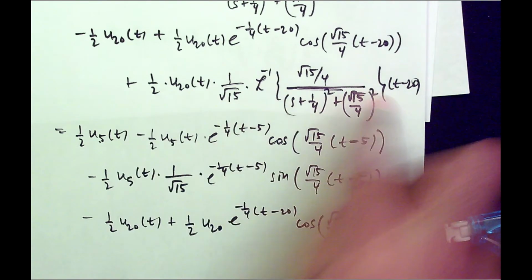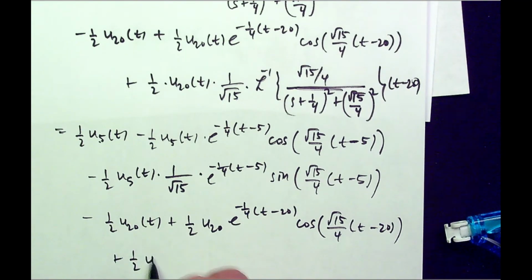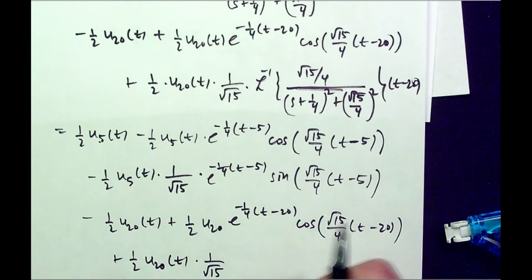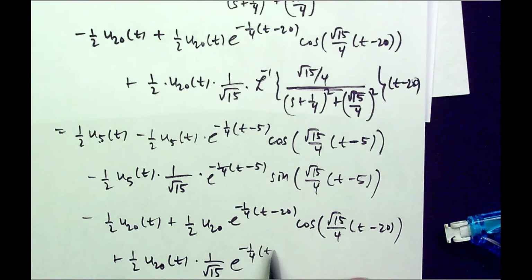And then lastly that term plus 1 half u20 of t, over 1 over the square root of 15, e to the negative a quarter t minus 20, sine square root of 15 over 4 t minus 20.